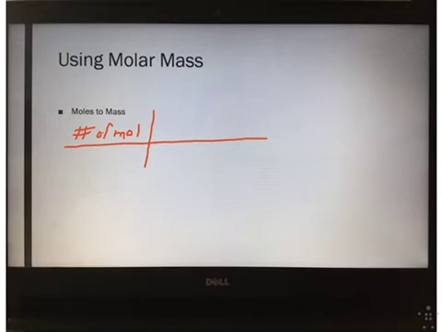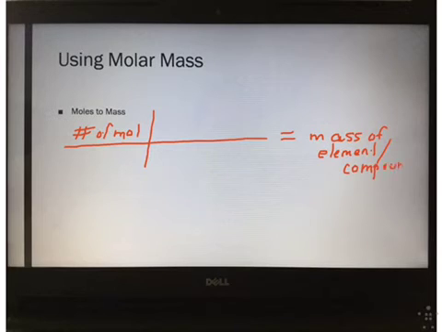Okay, so if it gives you a number of moles, and you want to convert to mass, your end goal is going to be the mass of that specific element or compound, whatever it gave you. Sorry for the bad handwriting. The way you want to do that is using molar mass.